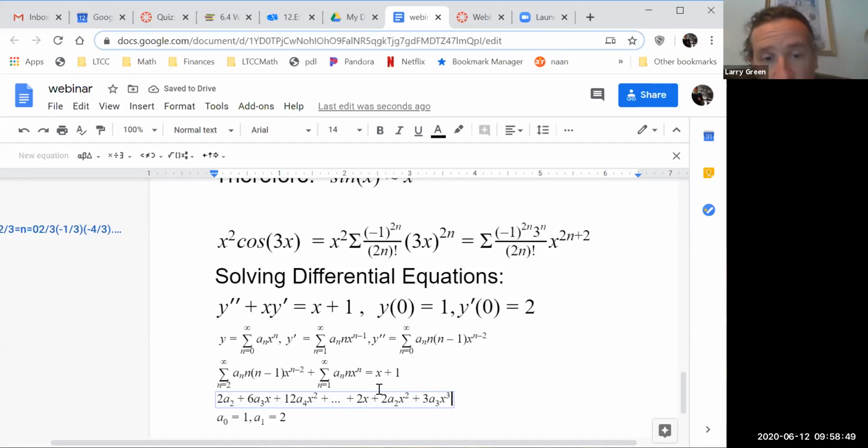If n equals 4, I get 4a4 x to the 4th. Plus dot dot dot. I think I'll stop there. Equals x plus 1. Any questions on that?